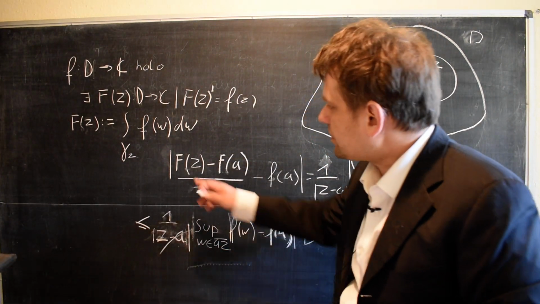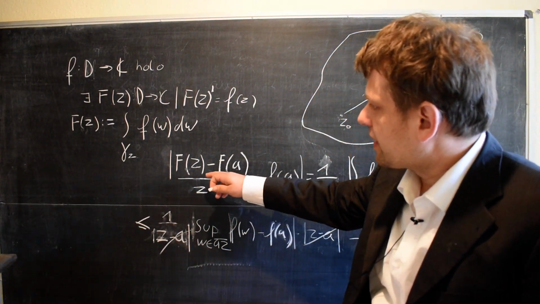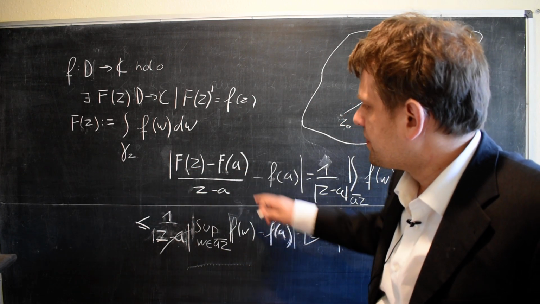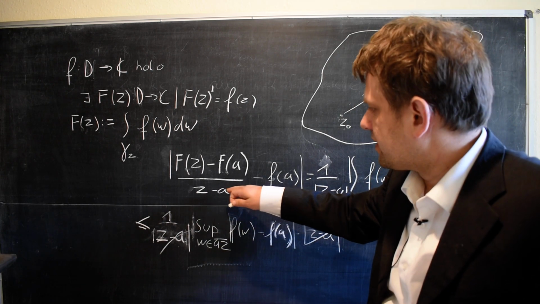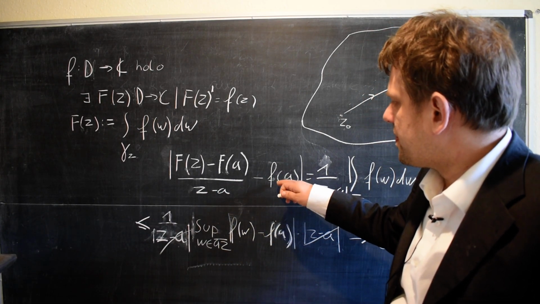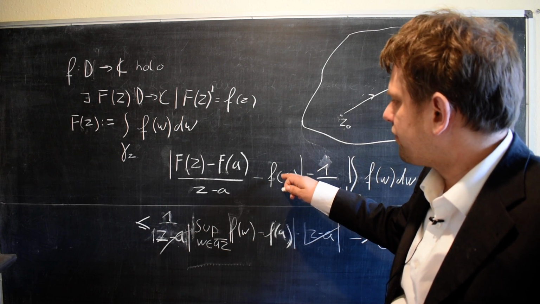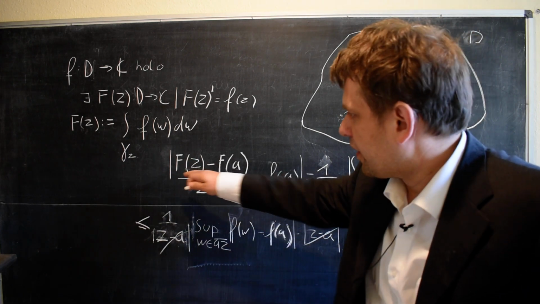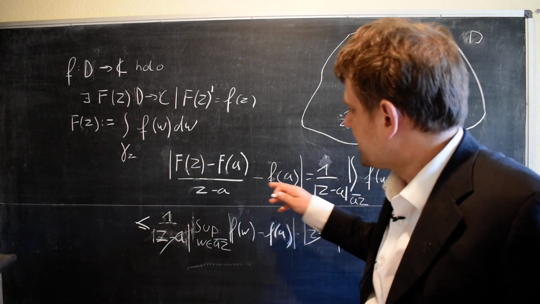And let's first look at the quotient F of z minus F of a divided by z minus a, and subtract the value of f at a from this. And let's take the absolute value of this whole expression.